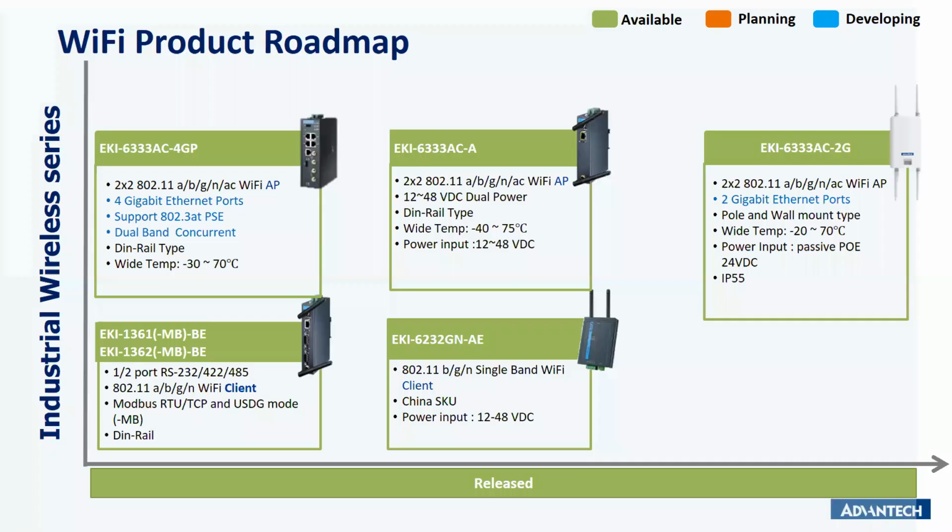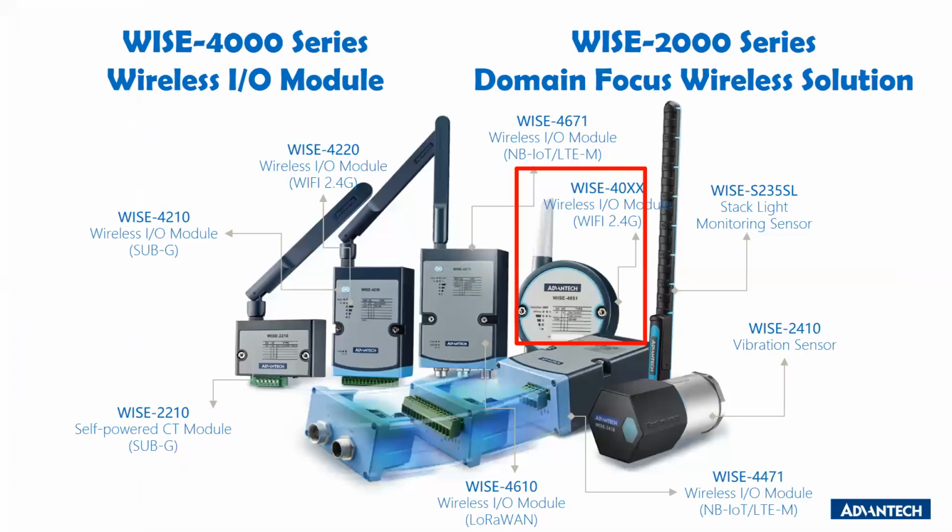I don't have a specific breakout slide for that, so let me just show you the picture up here. This stack light monitor, you guys know what a stack light is, on the end of a surface mount machine or any kind of industrial machine on a production floor. There'll be a vertical cylindrical light that has red, green, yellow, maybe blue lights on it to indicate whether the device is operating within spec or not.